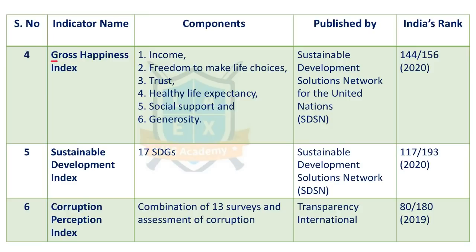The next important index is Gross Happiness Index. Gross Happiness Index is very, very important. It is released by the Sustainable Development Solutions Network, SDSN. This is under United Nations. This considers six important components. One, income. Second one, freedom to make life choices. Third one, trust.